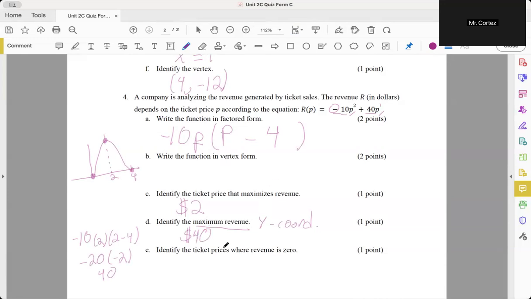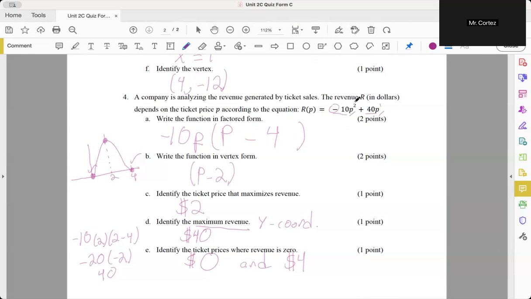Ticket prices where revenue is 0 occurred here and here, at $0 and $4. I guess $4, not quite in the budget, doing too much. It's okay. For vertex form, you already know that it occurs at 2, so you can lock that in, say that it's p minus 2.